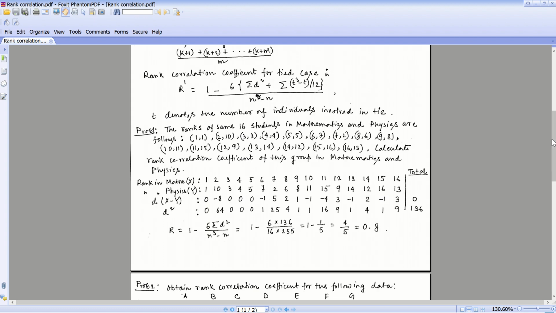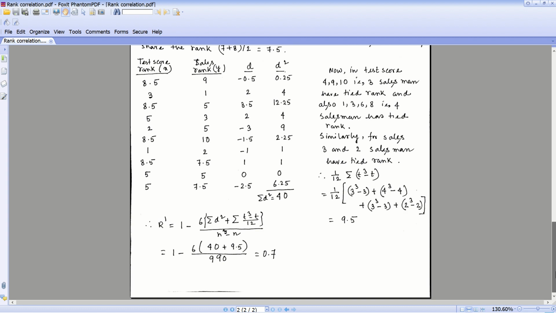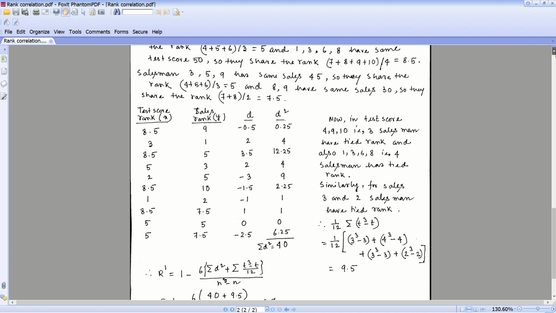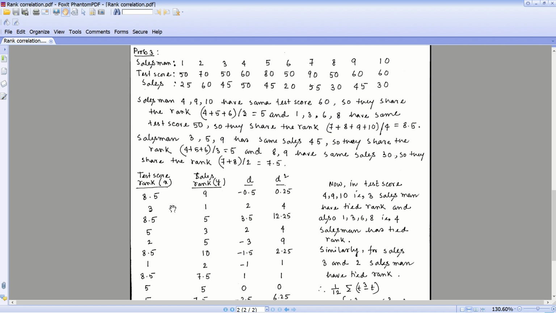Now if you write it down in table form, so here the test scores are, first, 50. For salesman 1, the rank is 8.5. Salesman 2, 70, so the rank is 3.